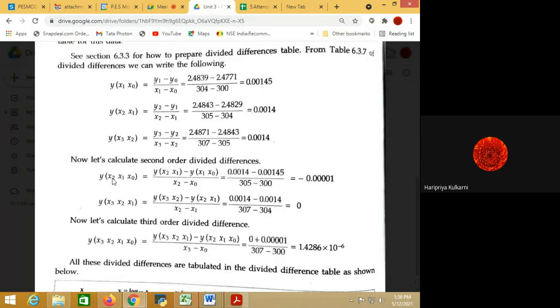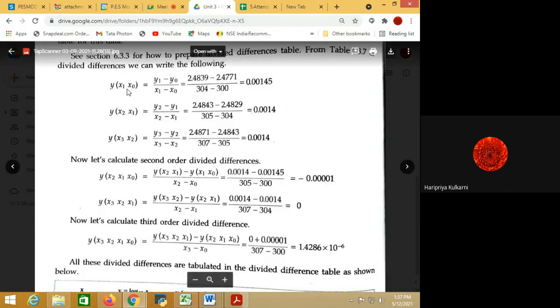Okay, x2 minus x0, see the cursor, x2 minus x0 at the denominator, and at the numerator it is y of x2 x1 minus y of x1 x0. So here you have the y of x2 x1, y of x1 x0, and you are knowing the values of x2 and x0, so you can calculate this.